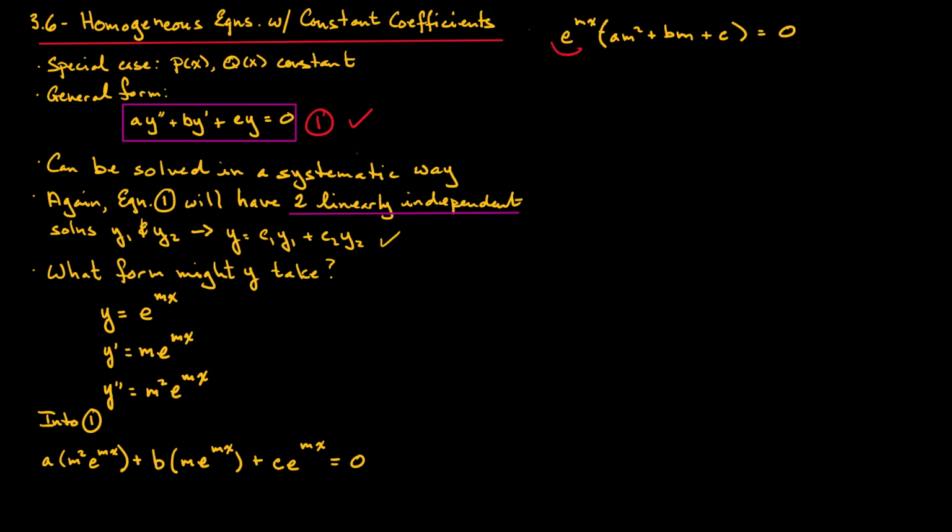Now this term here, e to the mx, can never be 0. Therefore, we must conclude that the terms in the brackets must be equal to 0. And this is what we call the characteristic equation.